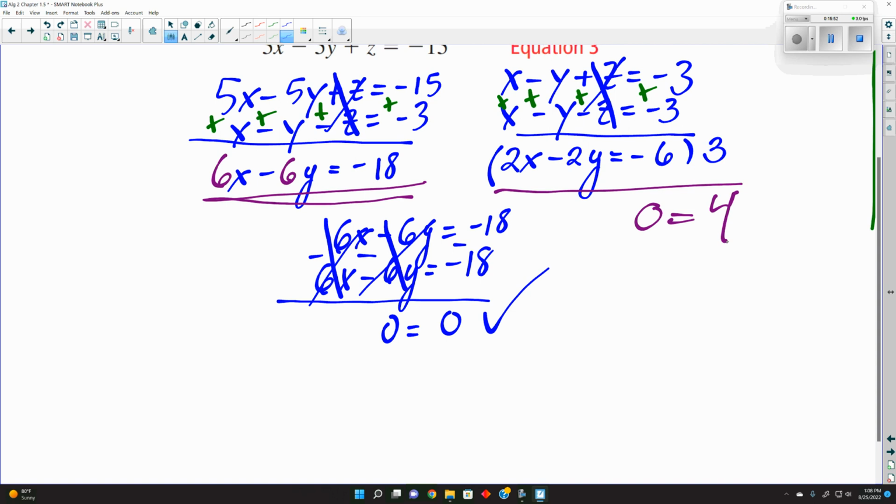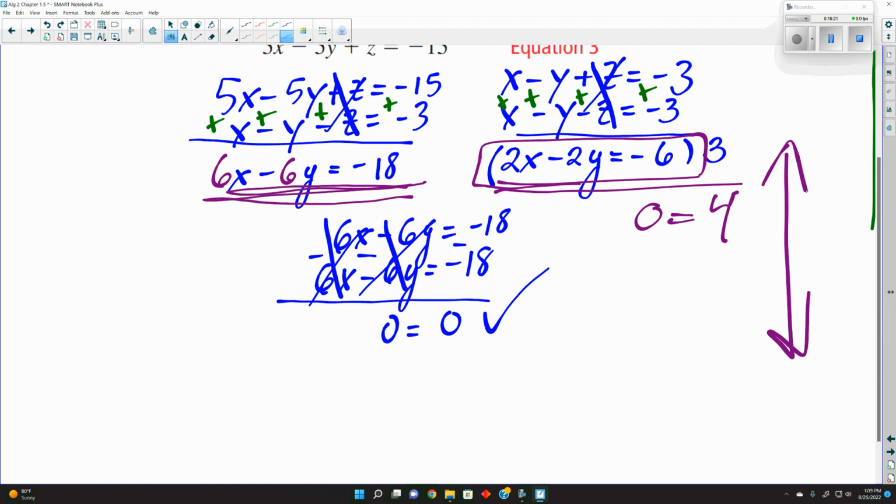If this side was 0 equals 0 and we get this on the other side, it's still all real solutions. It's just that this is the equation that defines that line where the three intersect. So it's all real solutions. It's not like any point works, but there's a line or an equation where they do cross, and we can define it given certain parameters.